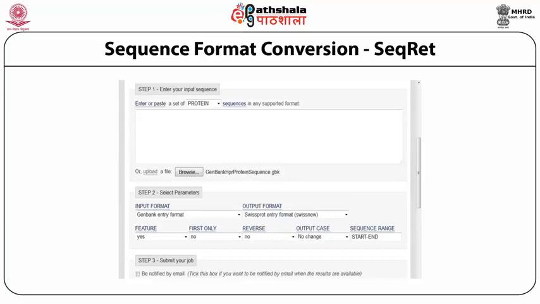First step is to upload the already saved file GenBank HPR protein sequence.gbk in GenBank format and choose to convert it to SwissProt entry format, Swiss new, and click Submit button.